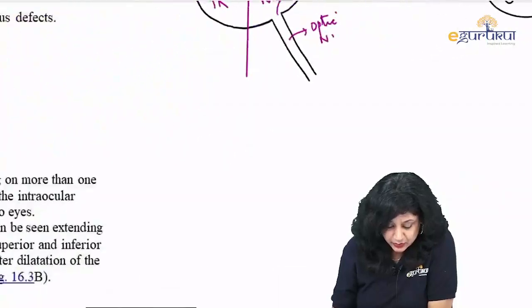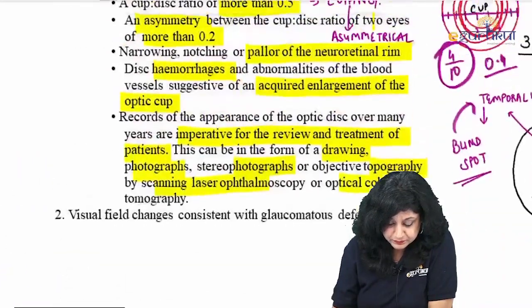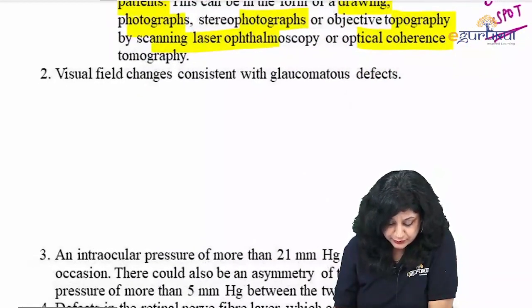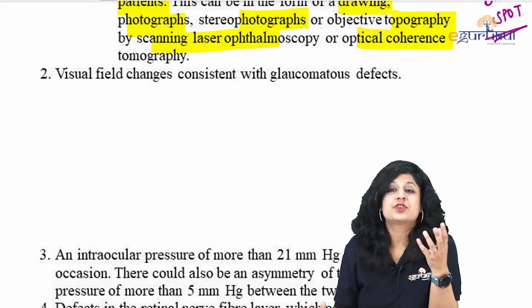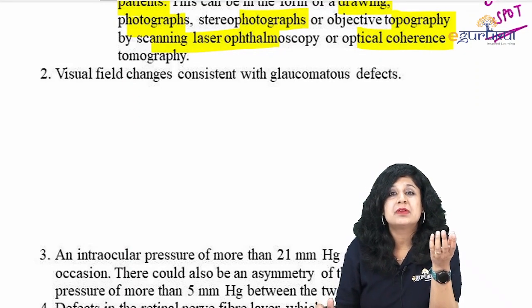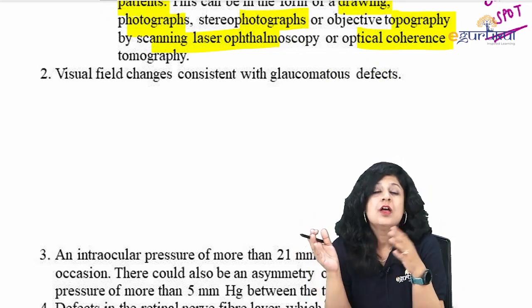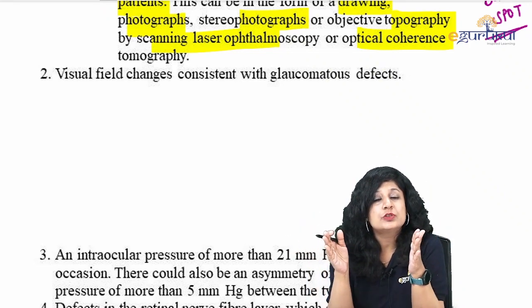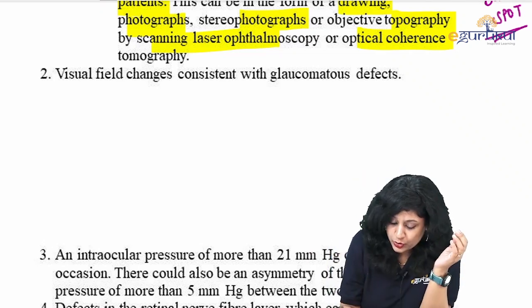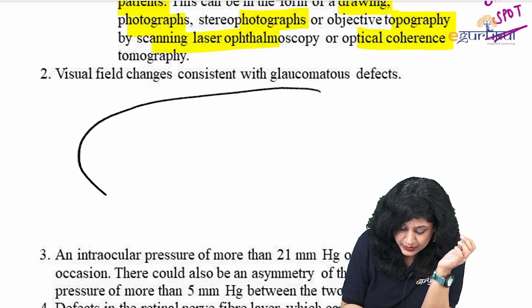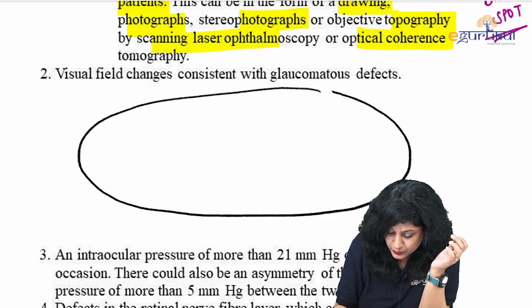Alright. Now next we come to the visual field changes. Visual field changes consistent with glaucomatous defects: as more and more optic nerve fibers are affected, obviously the visual field will also constrict. Suppose this was your visual field.